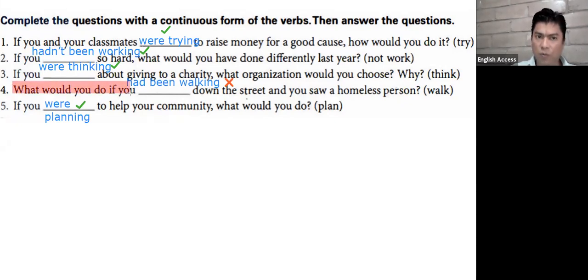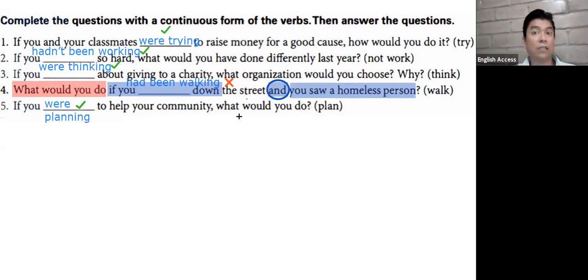First, you have the question with the result. What would you do? And then you have the condition or the situation. If you and you saw a homeless person. So this connector right here tells you something. What does that connector tell you?